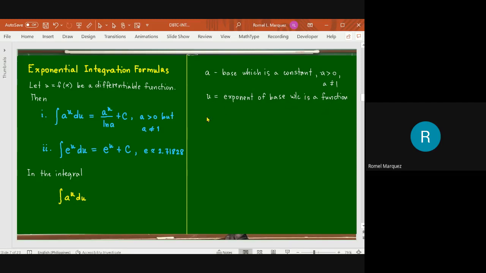And then a to the u is a power, different from a, which is actually a constant. This a to the u is a power function, different from a constant.